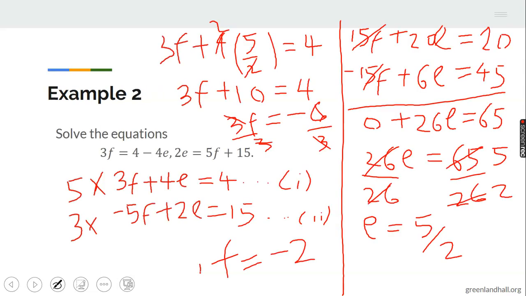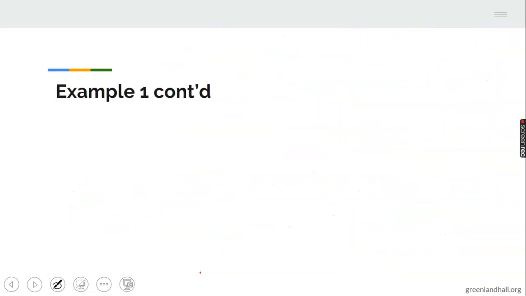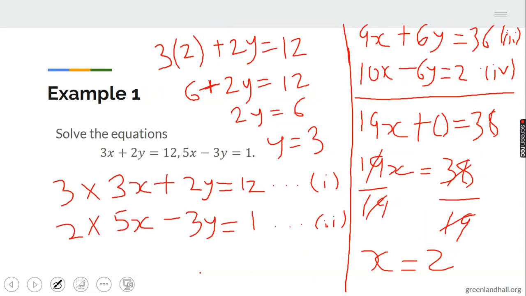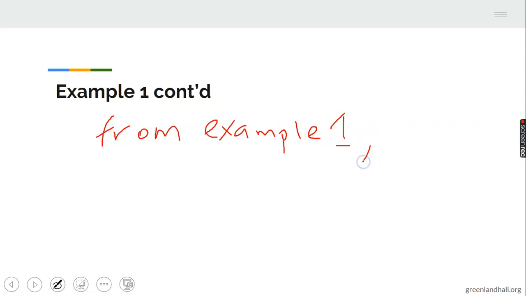Now from 1, you have that x equals 2 and y equals 3. From example 1, x equals 2, y equals 3.